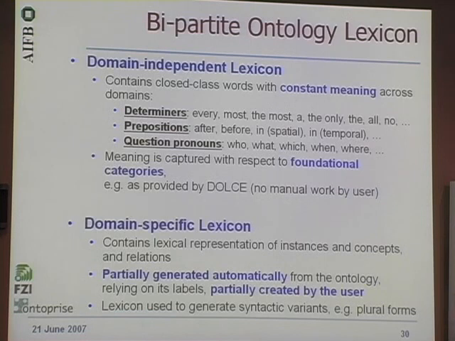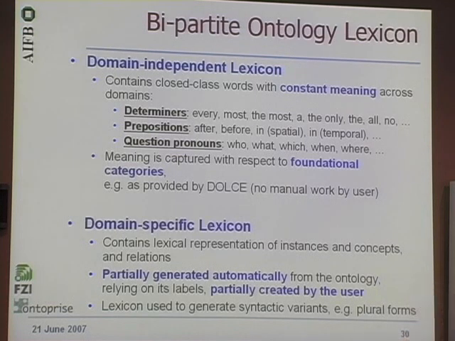Okay, what is the specific aspect we address when we talk about adaptation of the system to specific domains? What I have already mentioned is that we have that separation between the domain-independent and the domain-specific lexicon. The domain-independent lexicon is tailored to the kind of words you find in your queries that have a constant meaning. So these are the words that are more or less independent from the specific domain you are currently working in.